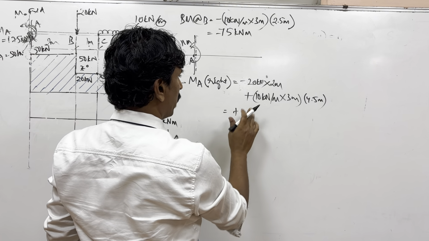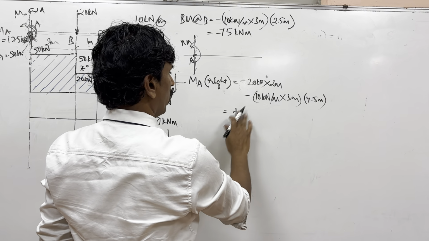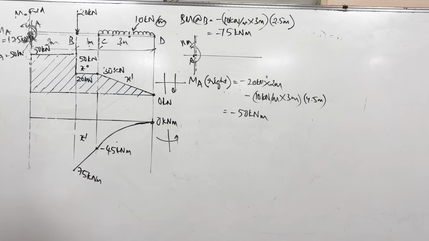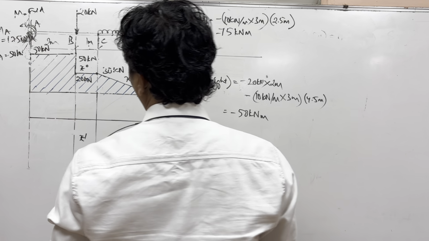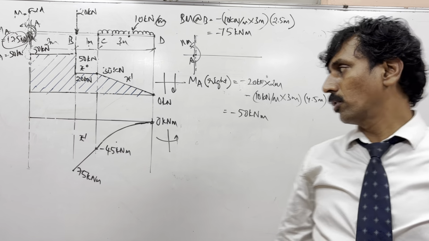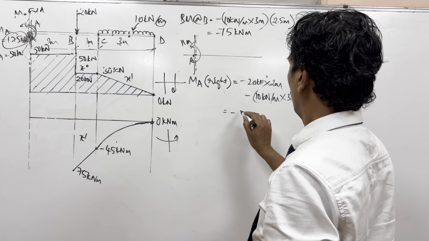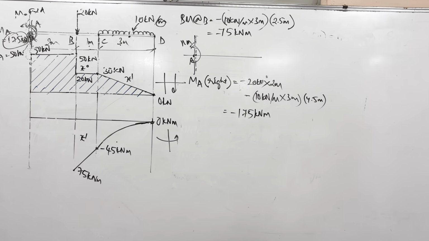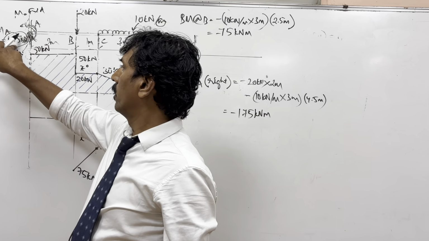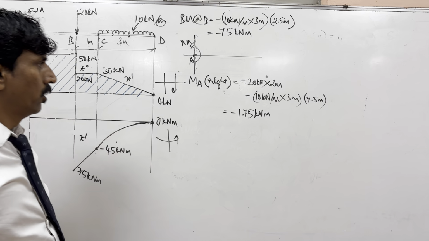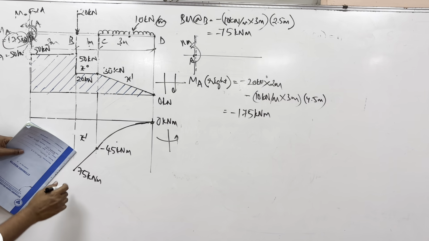Both are negative. Earlier I calculated this. Sorry, it is not 50, it is 175. We have calculated this, it is 175 kilonewton meter. Area was 50. We already calculated MA as 175. So it is minus 175. So then it goes to 175 here.